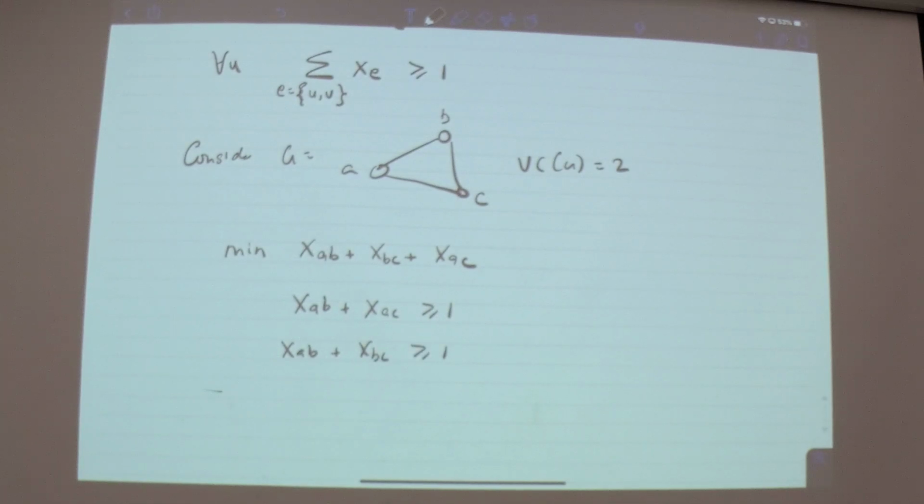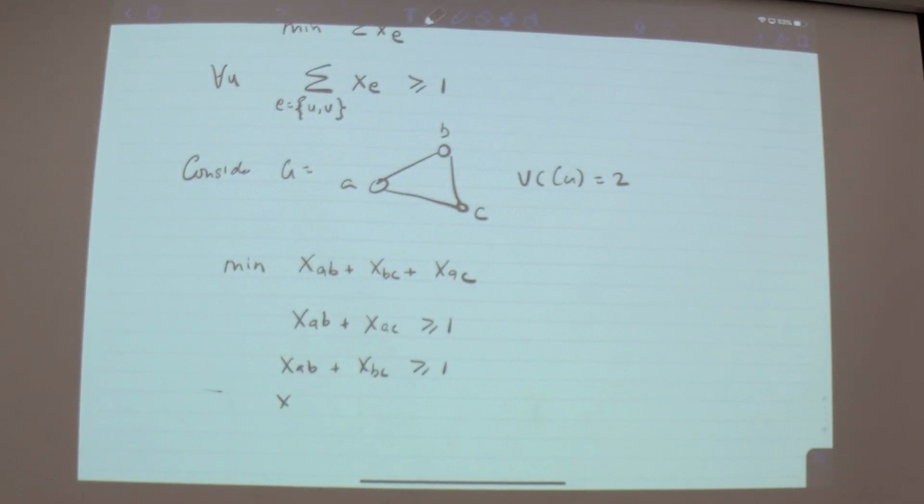That's for vertex B. And XAC plus XBC is greater than or equal to 1. That's for vertex C. This is our linear program, right? So let's now drop the integer constraint. Because it's a linear program, we want to solve it. Let me solve this. Can we get a solution to this that's better than 2?